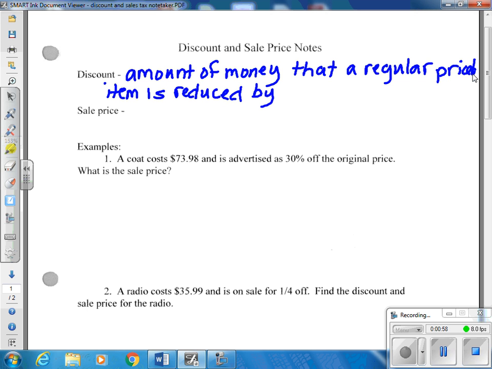Right? And to help you remember the math that's involved with this, in the middle of the word discount is an S, and that will help you remember that for discount, you are going to be subtracting. So that's the main operation to get to your answer.